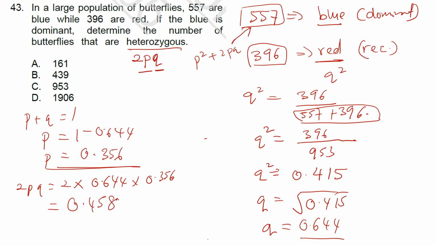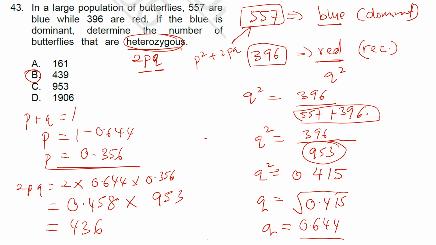Okay, so the total number of butterfly population earlier was 953. So you have the heterozygous frequency times 953. So the number of the heterozygous population would be, okay, if I press on my calculator, the number will give 436. Okay, the nearest answer here is 439.